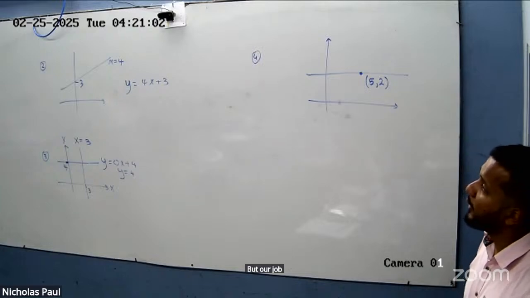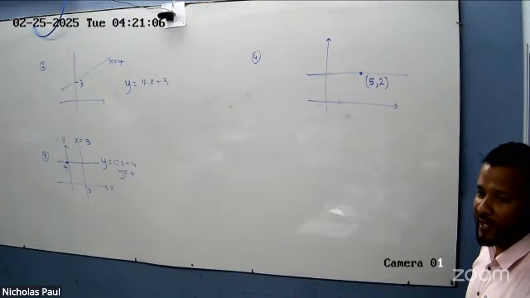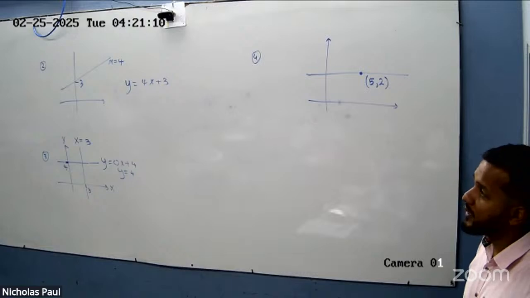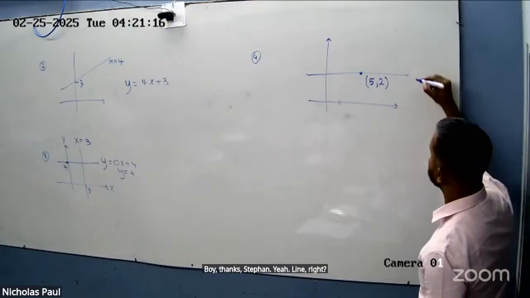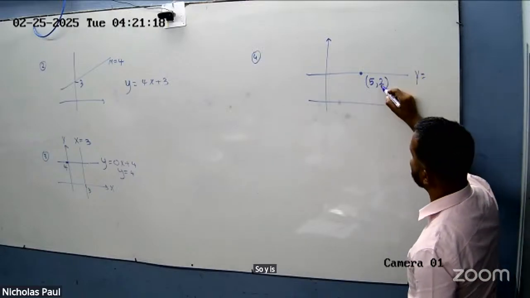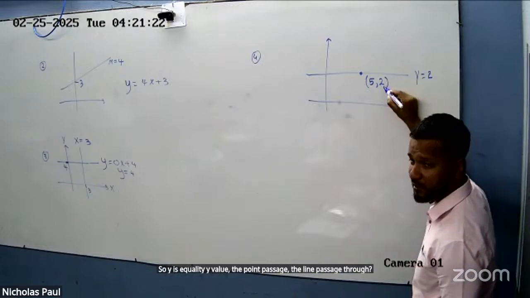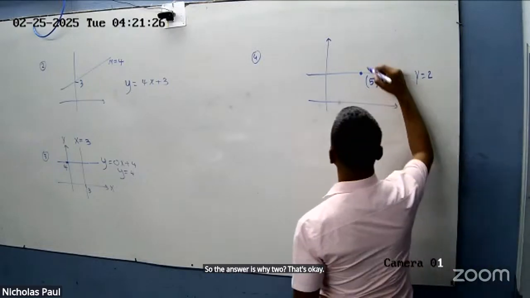Javi said y is 2, is that correct? What do you think, Stefan? Yeah, it's a horizontal line, right? So y is equal to the y value the line passes through. So the answer is y equals 2. That's okay? Arisa, your turn.